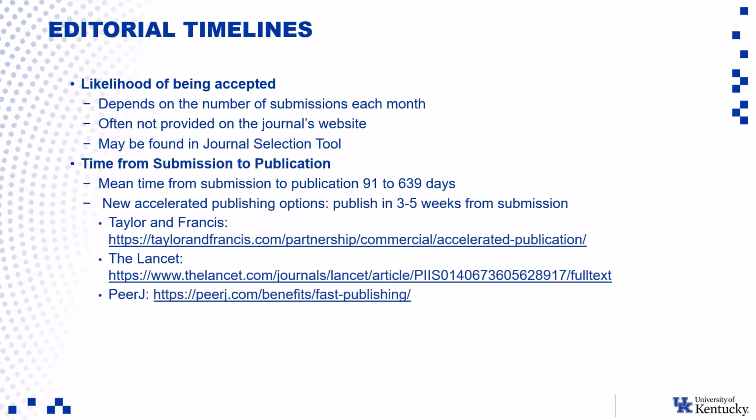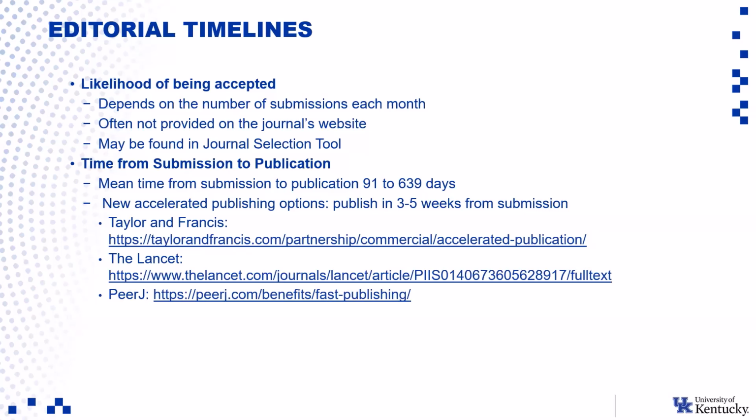The mean time span from submission to publication varied from 91 to 639 days. Some journals are now offering accelerated publication for selected biomedical journals to coordinate the publishing schedule with conferences, drug approvals, and drug launches. However, those article processing fees can be substantially higher.